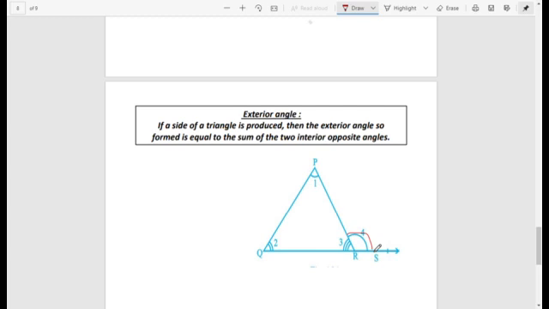This exterior angle will be equal to the sum of angle 1 and angle 2. So angle 4 will be equal to the sum of angle 1 and angle 2.